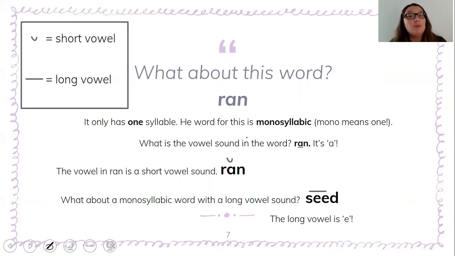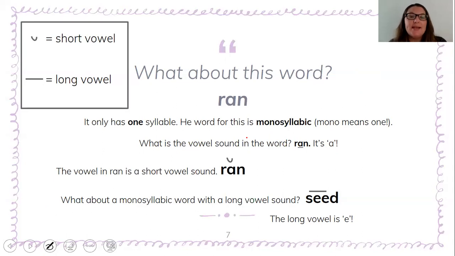So mono means 1. And remember the vowel sound in the word ran, is it short or long, okay? Ran. It is a short sound, that's right. So we have a, not a, it's not rain, it's ran, okay?